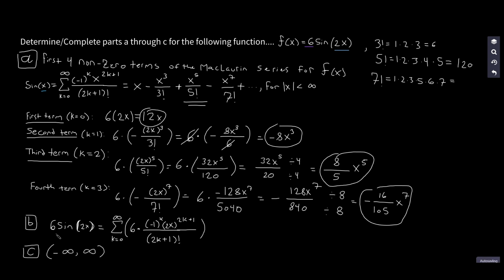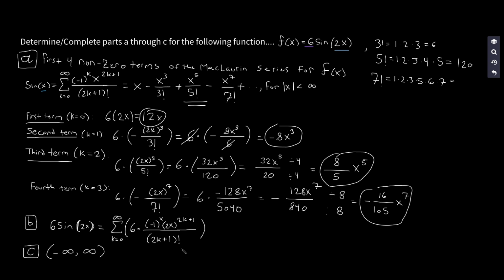The summation notation for 6 sine of 2x is the summation at k equals 0 to infinity of 6 times negative 1 raised to the power of k times 2x raised to the power of 2 times k plus 1, over the quantity 2 times k plus 1 factorial.